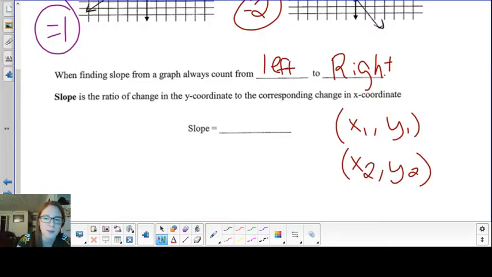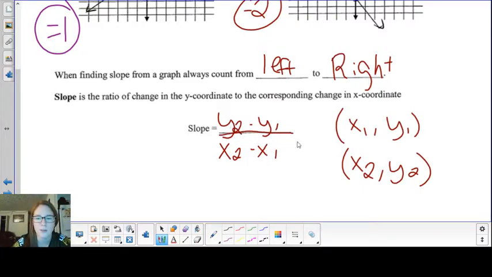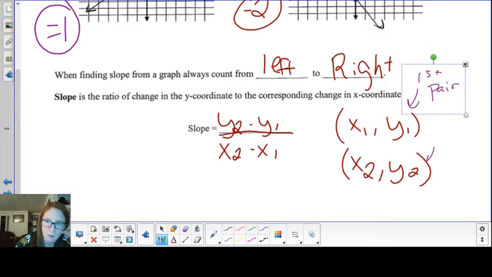My slope is y2 minus y1 over x2 minus x1. Now what this is saying by the subscript of 1 and 2 is this is the first pair of points I come across and this is the second pair.